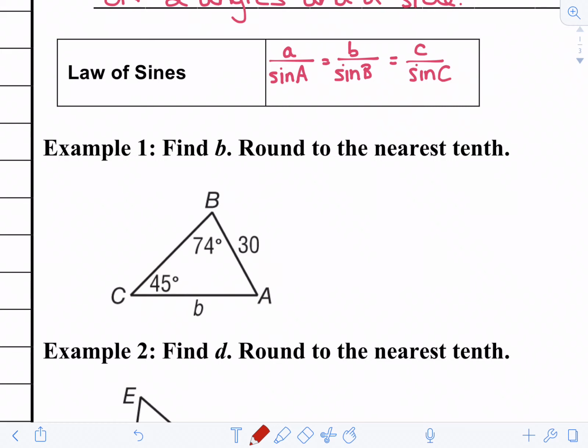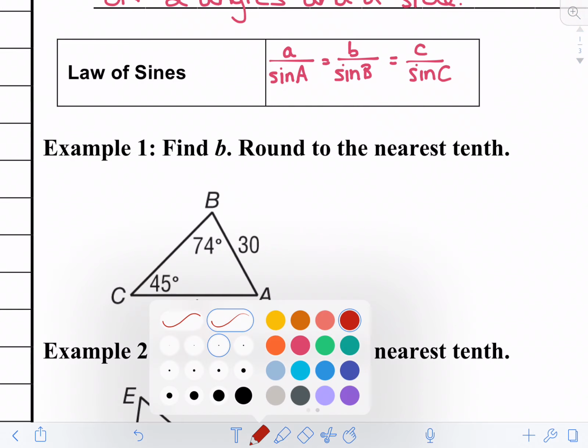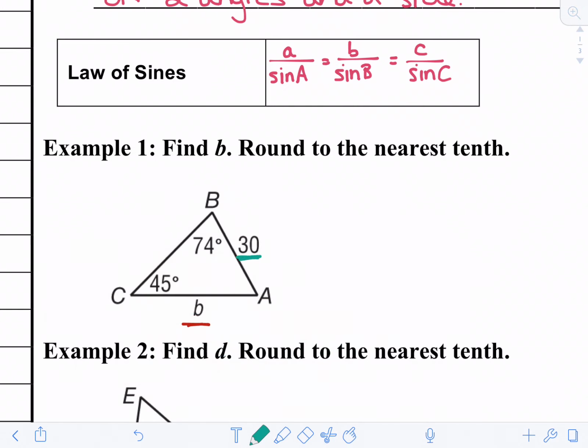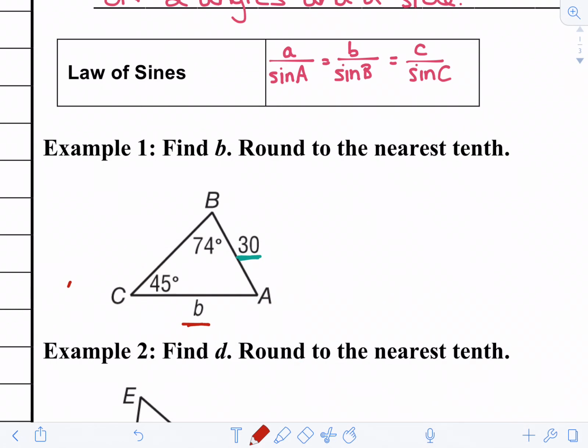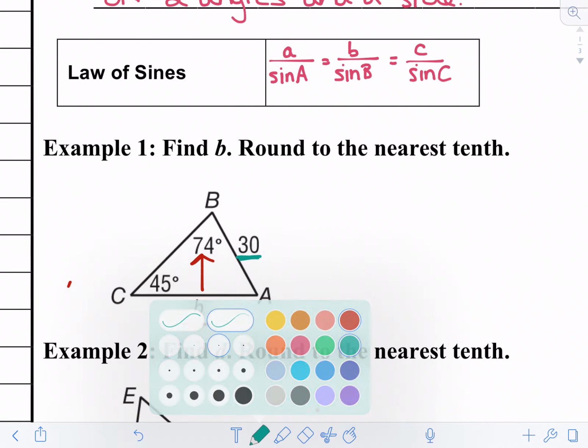So what law of sines says is you look at your sides here. I have B as one of my sides, 30 is my other side, and you look at the angle across from it. So 74 would match up with B, and 45 would match up with the 30. So we're going to write a ratio here.